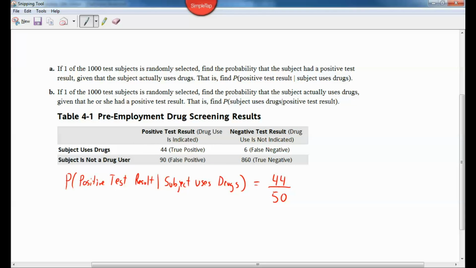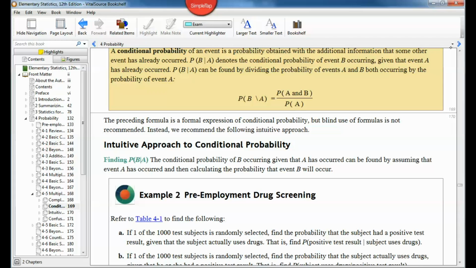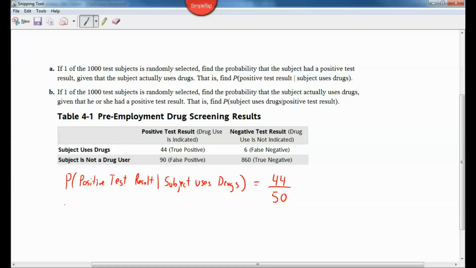Now let's see how we could think about that using the conditional probability formula. Remember, the conditional probability formula: the probability of B given A is equal to the probability of A and B over the probability of A. So we want the probability of positive test result and subject uses drugs.